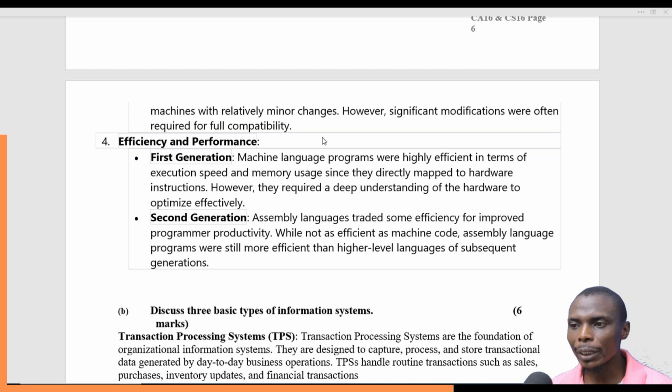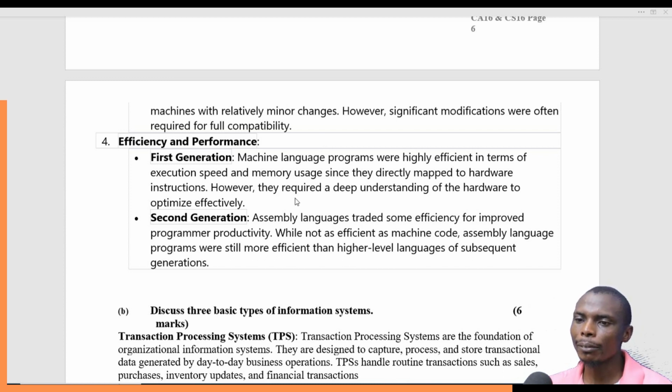If you compare that to the assembly language, it was also efficient, because it was an improved version of the machine language. But again, it still had some difficulties that had to be tackled, for example, on mnemonics.